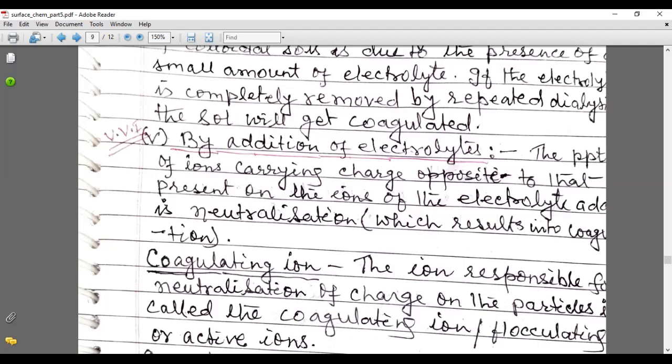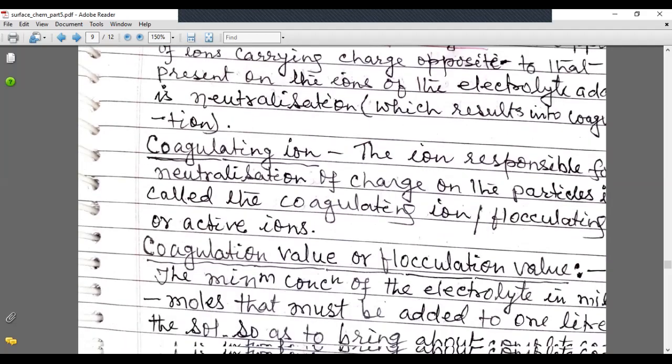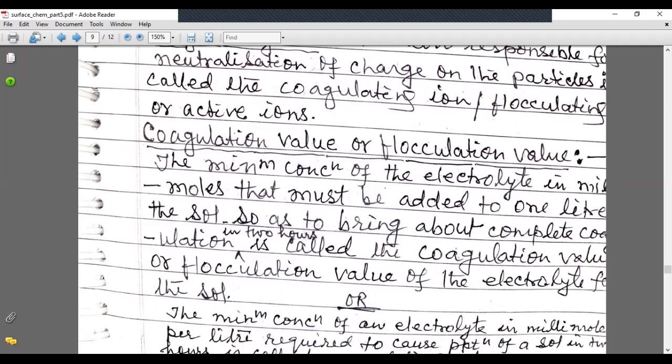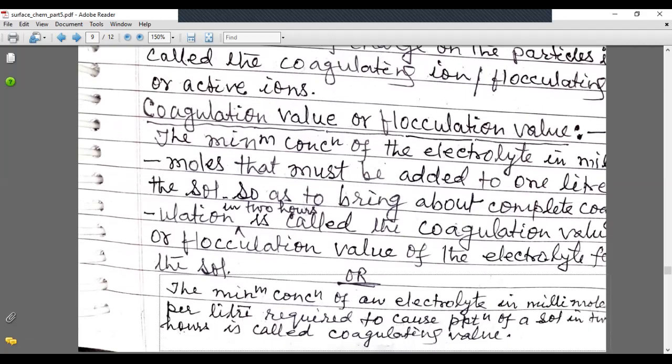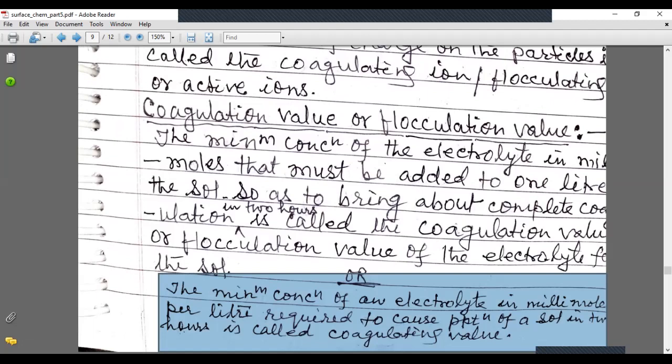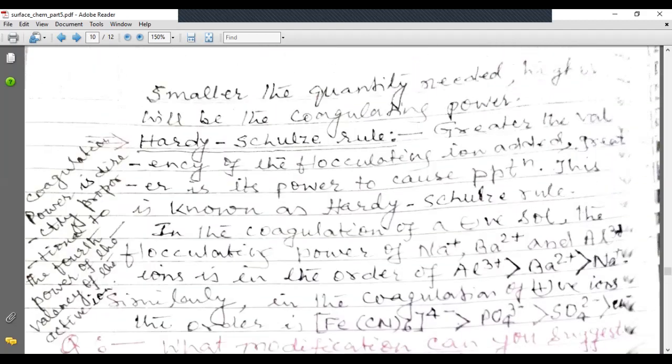Or in brief, we can define coagulation value as the minimum concentration of an electrolyte required in millimoles per liter to cause precipitation of a sol in 2 hours. So the smaller the quantity needed, the higher the coagulating power.